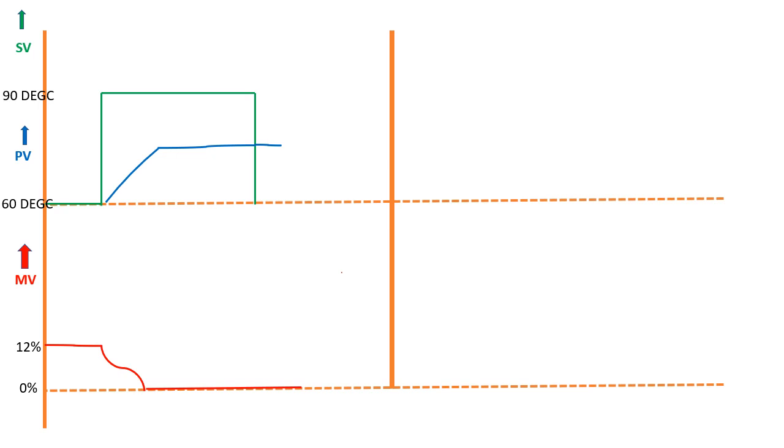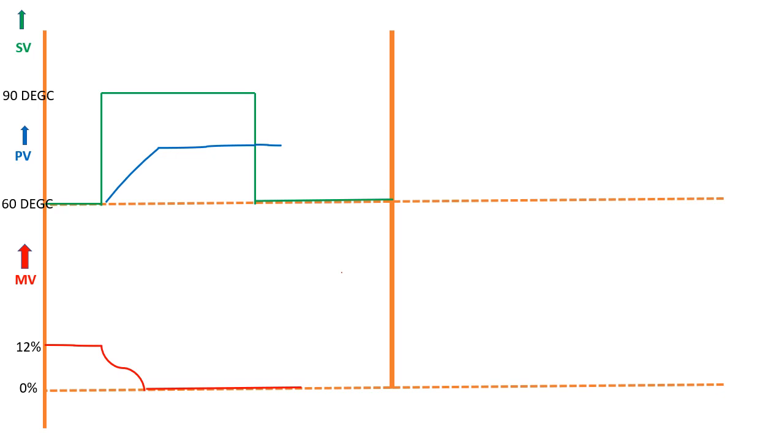Now the operator understands that he had made a mistake and again reduces the set point value from 90 degrees to 60 degrees. Now as it happens, the controller should act immediately, but as it has been driven to 0% because of the continuous integral action, it cannot act immediately.